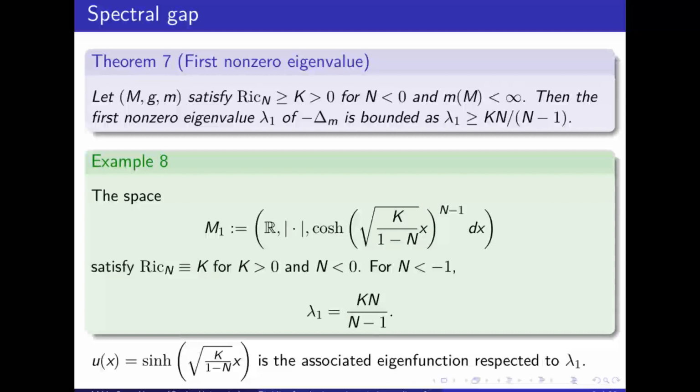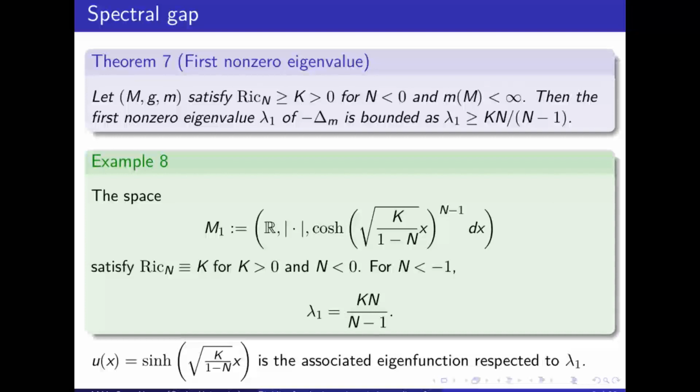It states that if a manifold satisfies the positive Ricci curvature bound for negative effective dimension n and has finite volume, then the first non-zero eigenvalue lambda 1 of the weighted Laplacian is bounded from below by the constant kn over n minus 1. Equivalently, the constant kn over n minus 1 is also the sub-constant of the Poincare inequality on weighted manifolds.